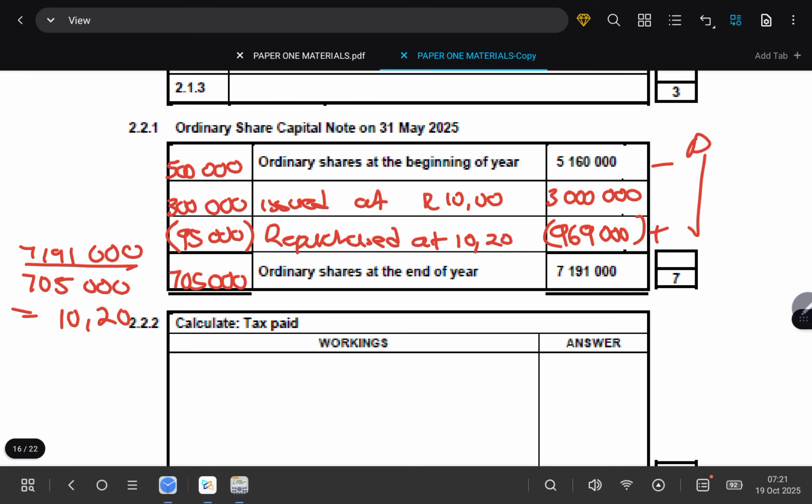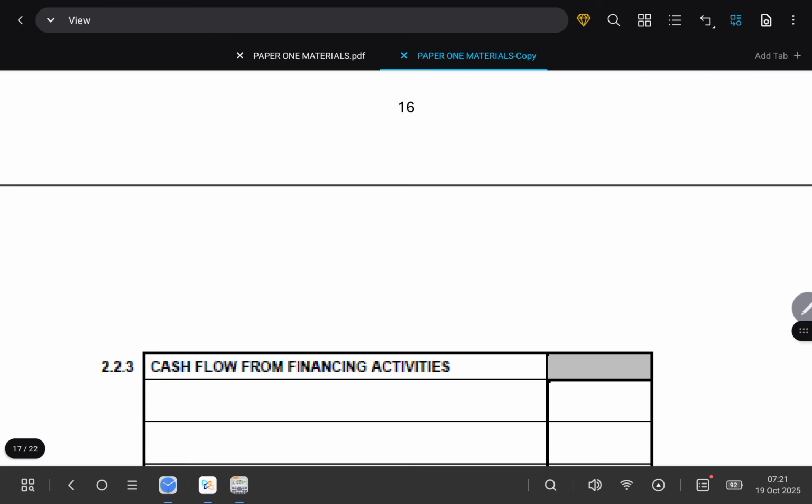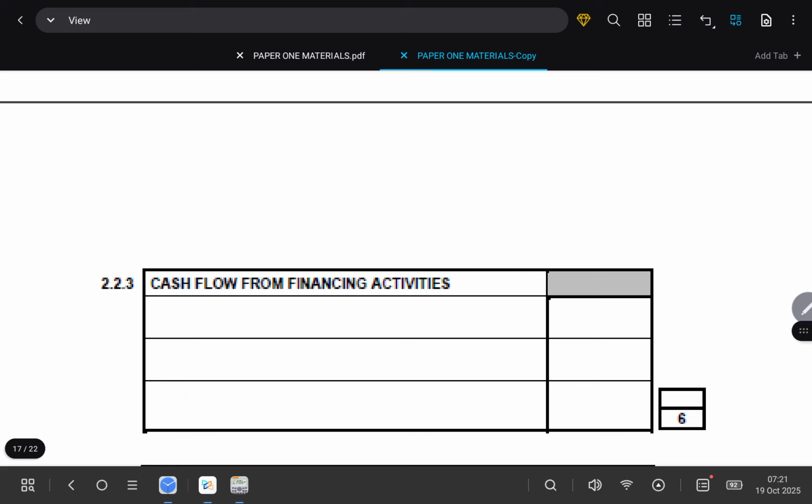It will work when you do your cash flow from financing activities. In financing activities, you would have proceeds from sale of shares, which gave us 300,000. So you take it as it is.